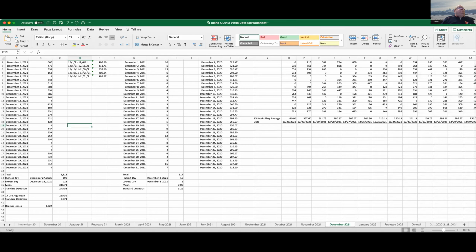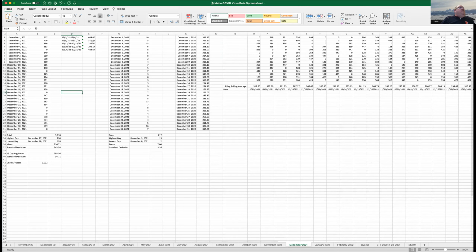Here's my spreadsheet. Here's December. And what I'm going to do is copy out of this Excel spreadsheet from here, and I'm going to take it back to that calculator and input it. We'll go back to the calculator here shortly.